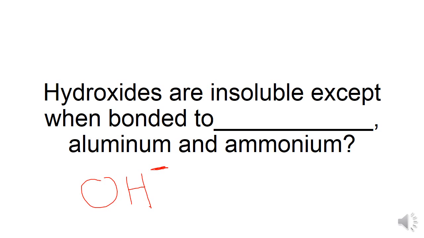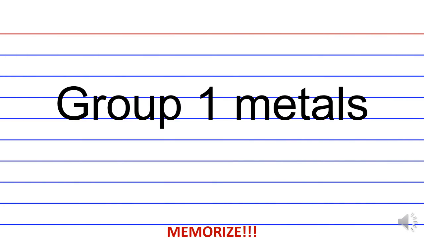And bonded to what else will it be soluble in solution? Again, that would be group 1 metals. When I say group 1 metals, I mean sodium, lithium, potassium, and then the other ones aren't usually mentioned, like rubidium, cesium, francium. Those are group 1s also, but they're less commonly used as examples, but who knows, they could show up. So just group 1 metals is a generalization, and you should definitely memorize this solubility rule.